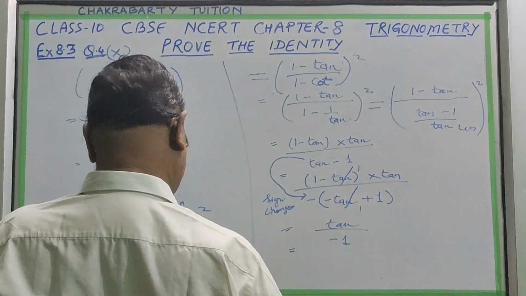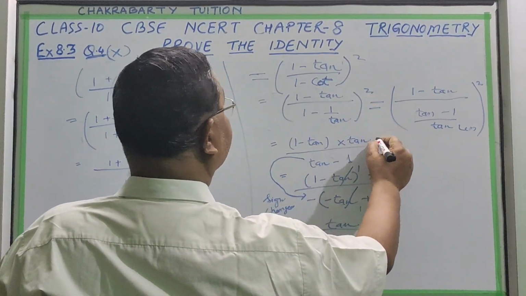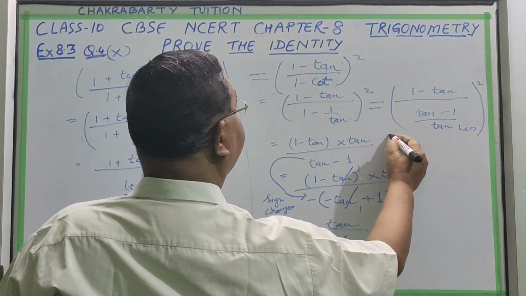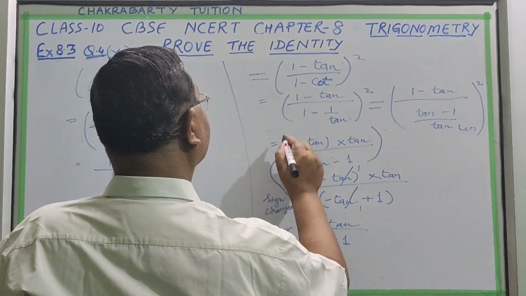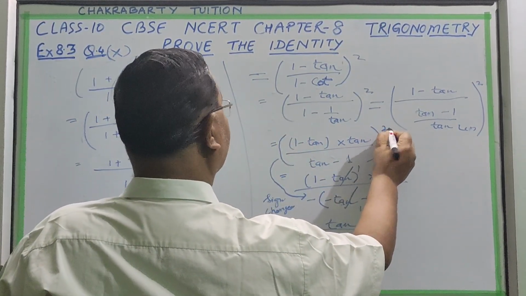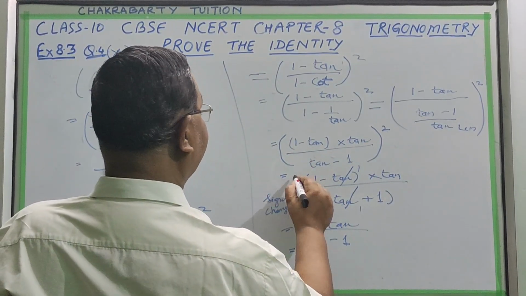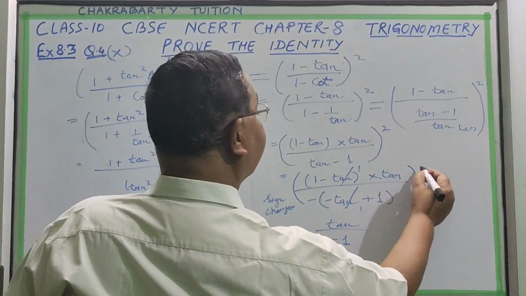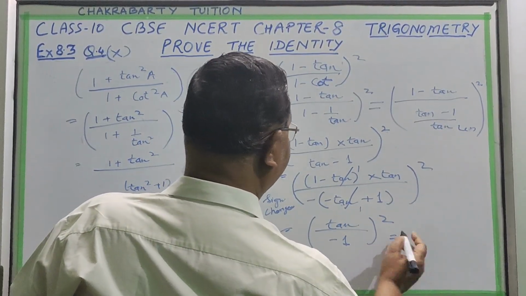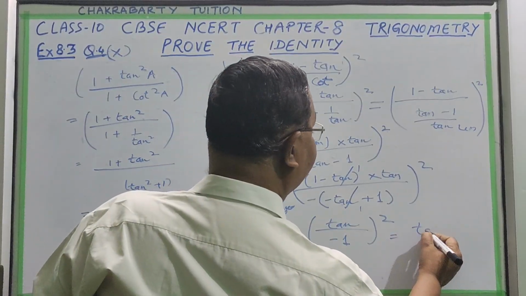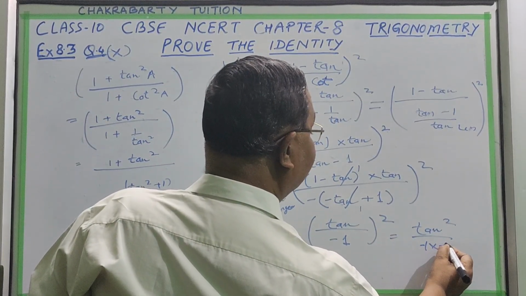And this whole square is also there, so this whole square will remain. Here also whole square will remain. So what will happen? It will make tan as tan square, and minus 1 multiplied by minus 1.